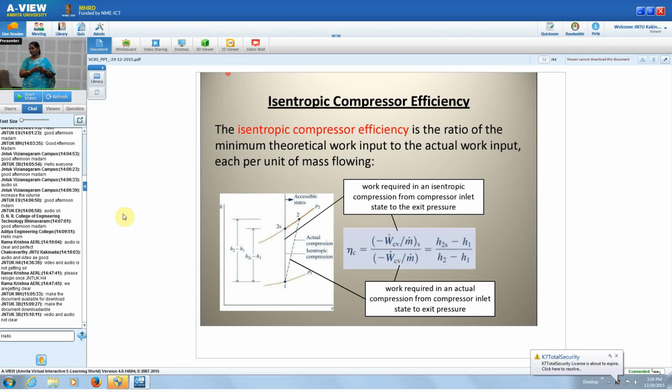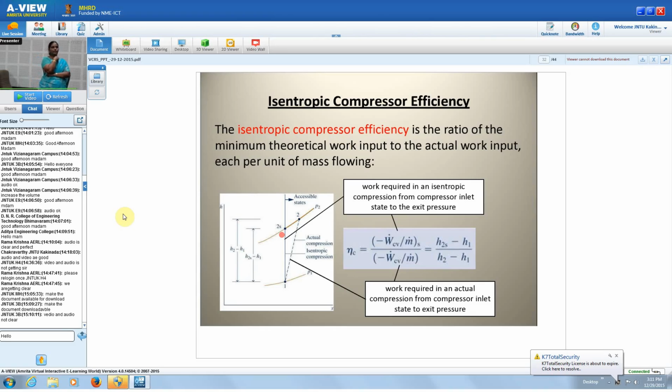You know this one. The isentropic efficiency of the compressor is the ratio of the isentropic work, that is the minimum one, 1-2s, to the actual work required, 1-2. So 1-2s is the isentropic work, which you can directly find if you know the temperature at 1 and the pressure at 2.